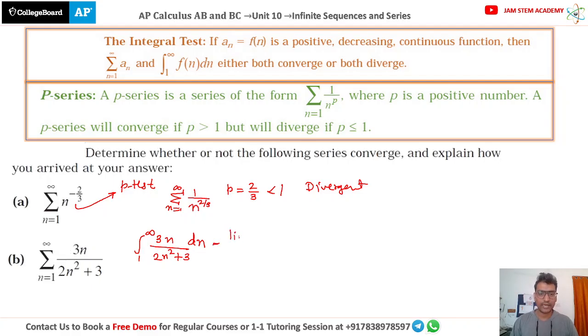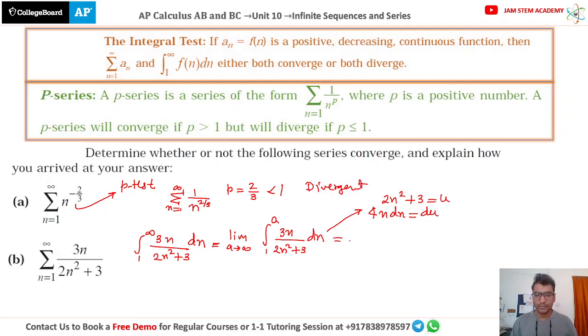So let's find whether it is convergent or divergent. For that, you can write limit a tending to infinity of the integral 1 to a of 3n over 2n squared plus 3 dn. Now, it's better to use u substitution over here. So if you use u substitution, 2n squared plus 3 equals u. That gives me 4n dn equals du, or we can write n dn equals du by 4.